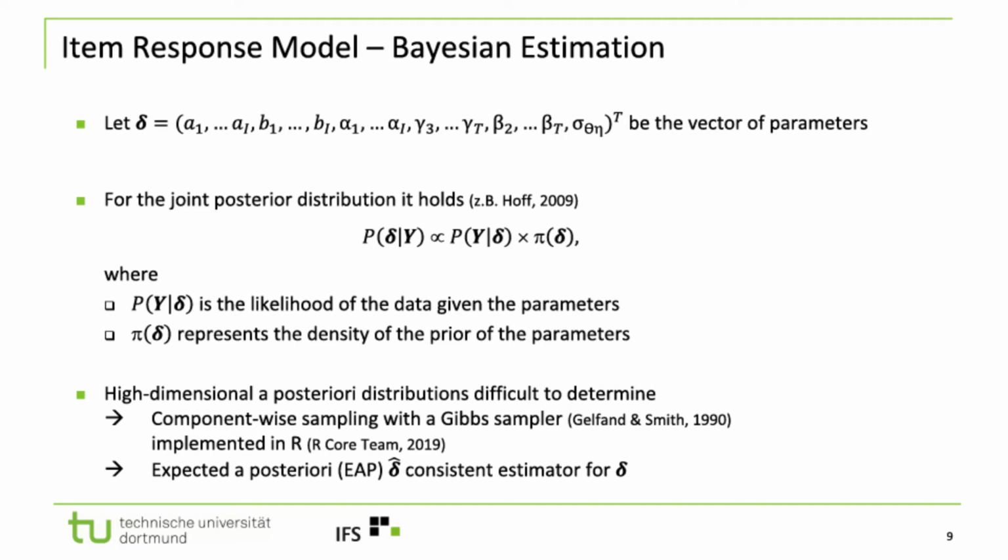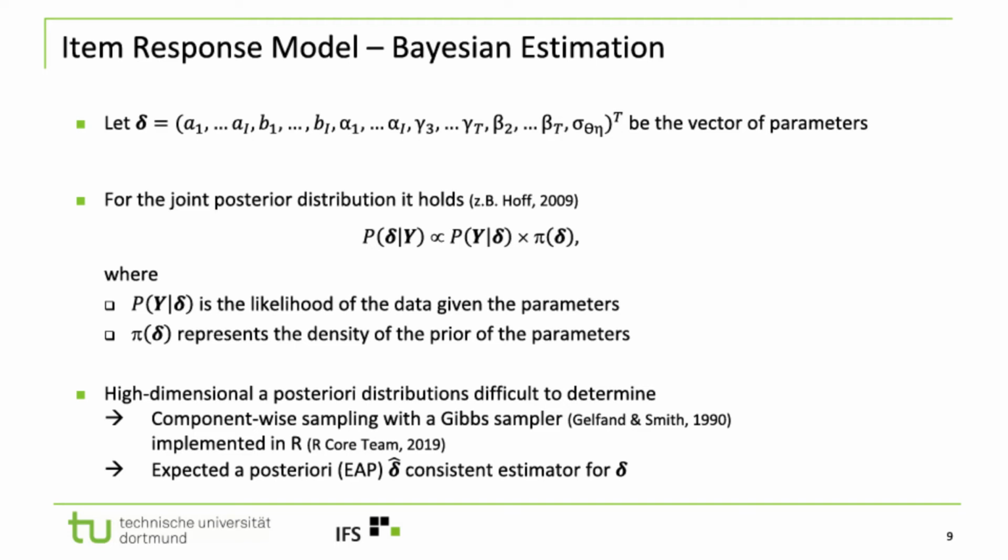When we consider the item parameter vector delta, in Bayesian terminology, the posterior distribution can be viewed as a term consisting essentially of the product of the likelihood part and the prior part. Since such a high-dimensional posterior distribution is difficult to determine, often a component-wise sampling is applied, and we did this in the form of a Gibbs sampler.